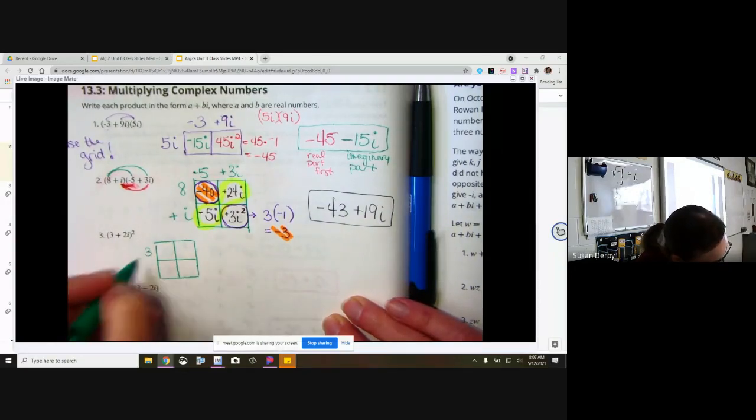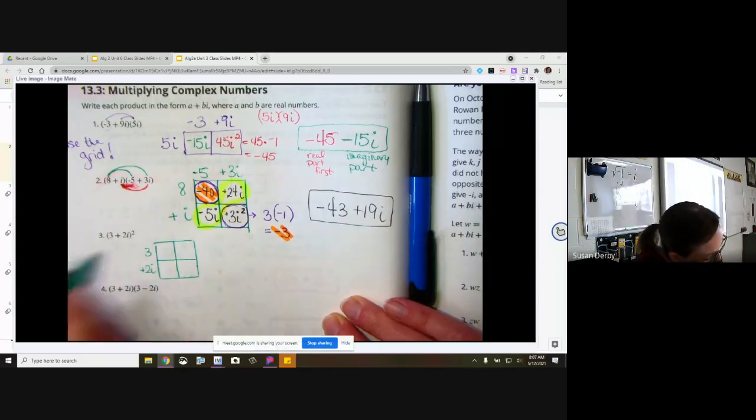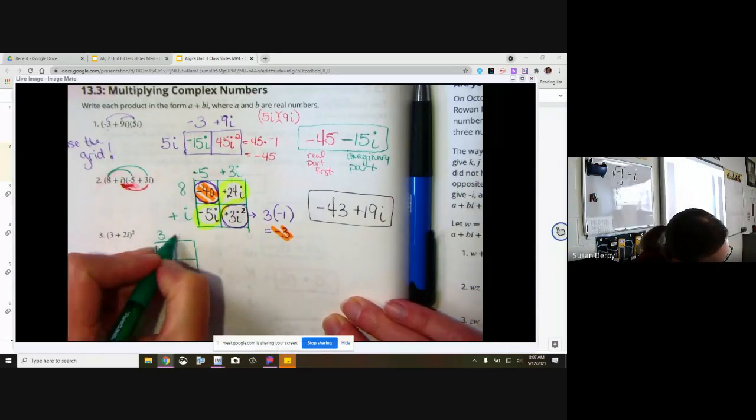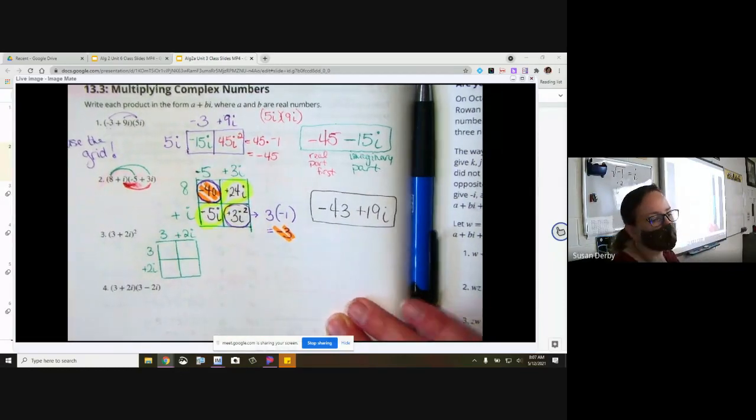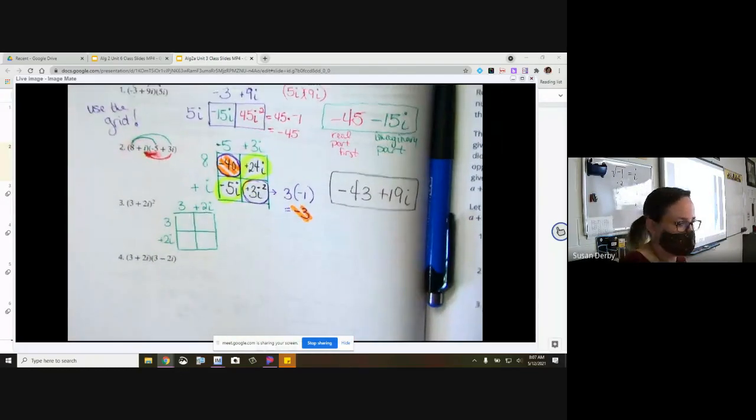And we're multiplying 3 plus 2i times 3 plus 2i. That's what the squared means. Same thing times itself 2 times.